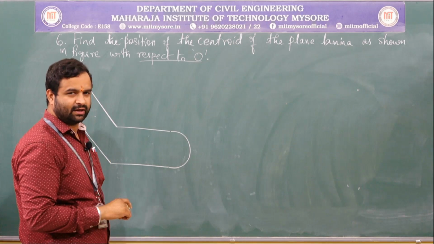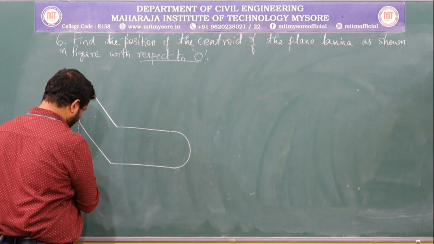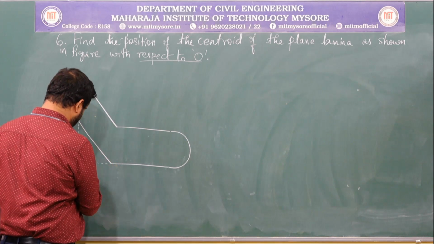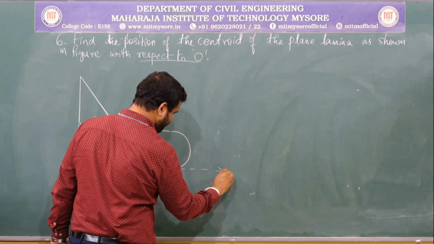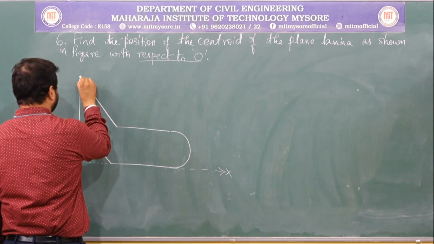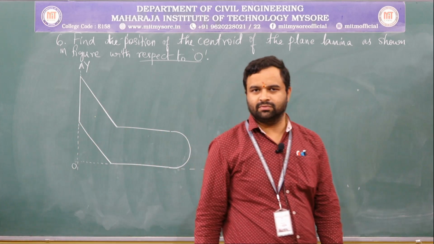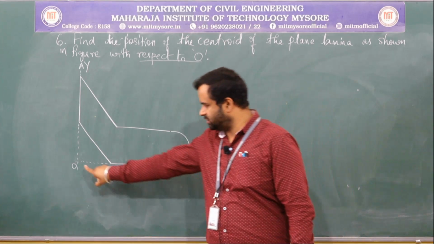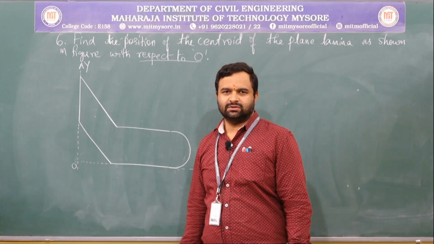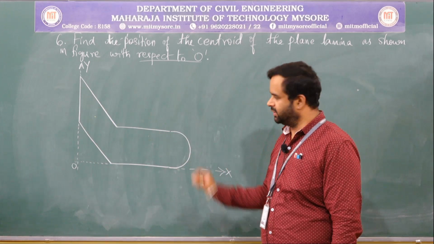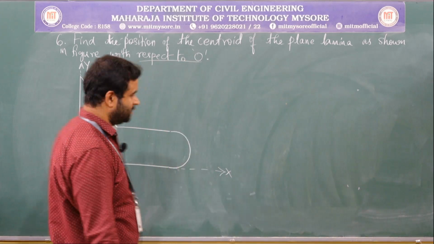Now, let me write the axis which is specified. See, in this problem they have asked you to locate the centroid with respect to point O. So, this is the lamina which we have to locate the centroid. Okay. So, let me write the data or the dimensions.